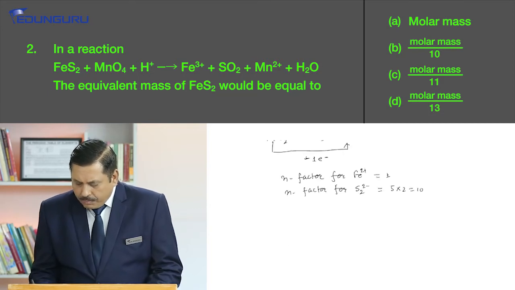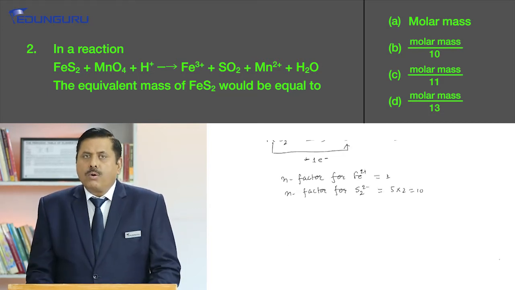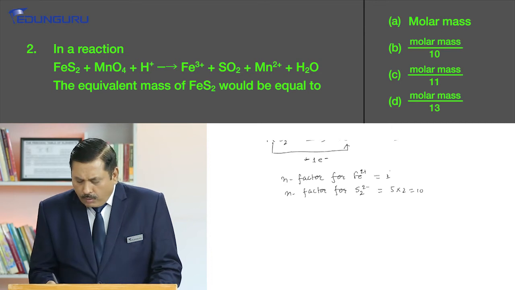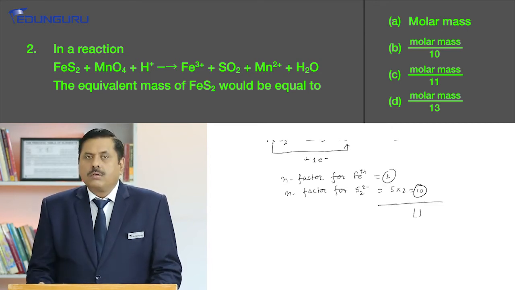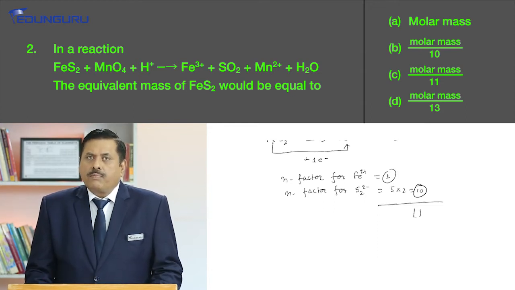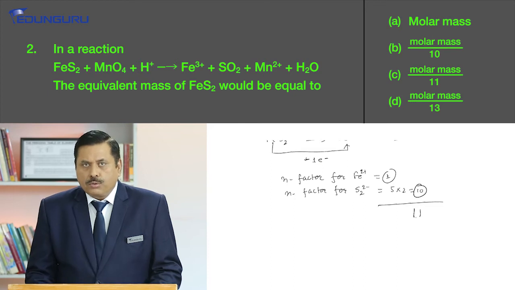Or we can say from 1 mole of FeS2, total of 11 moles of electron is lost when it is converted to Fe3 plus and SO2.